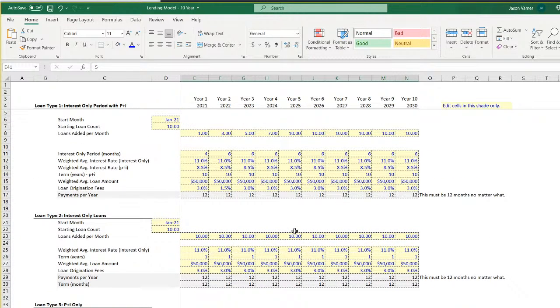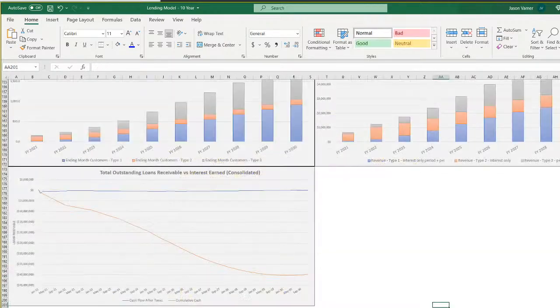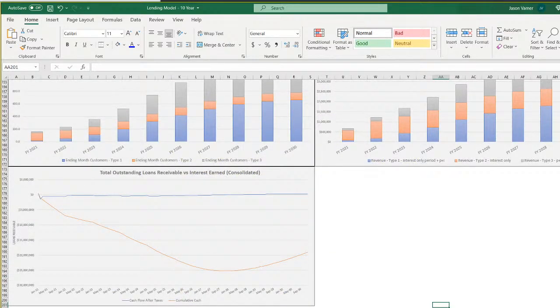If someone's using this, they're going to go in, just like all my models I build, and put in their own assumptions for what makes sense for them. These are completely random. I'm just going to try to show a positive cash flow, so I think I need to reduce these. Interest rates are already relatively high here. We're still in the negative.